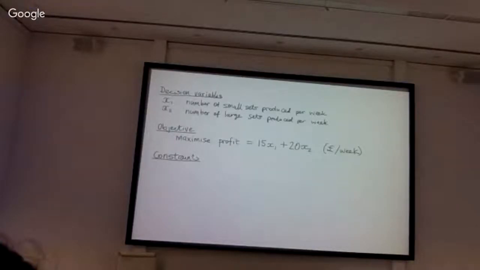So in this case, it's just a linear combination of the decision variables, 15 times one plus 20 times the other, and that part is called the objective function. But the objective consists of maximize or minimize and the objective function. Okay, so what are the constraints?